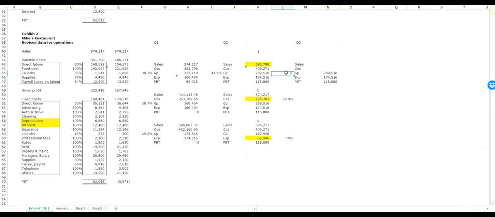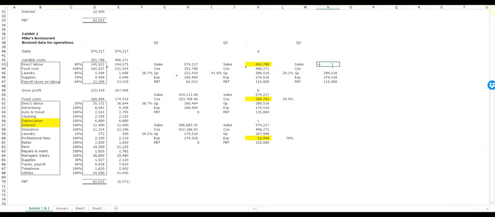Let's see where that number came from. So rather than me just copying, pasting and assuming that you remember, let's say we want to find out the gross profit for this business over here. What's 167 divided by 574? There's the 29.2. Add a decimal place and we got our profit margin.